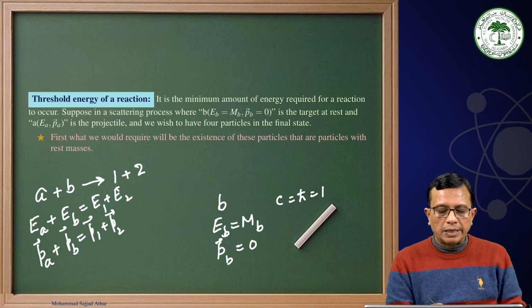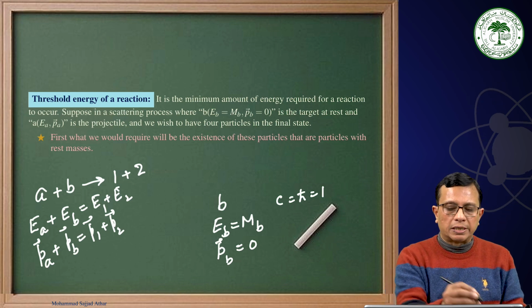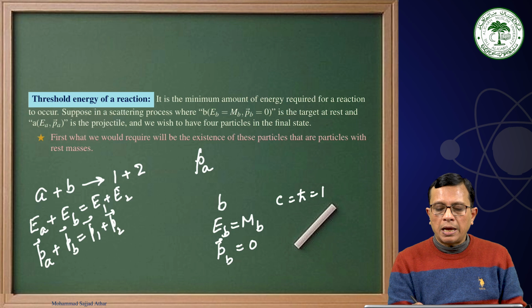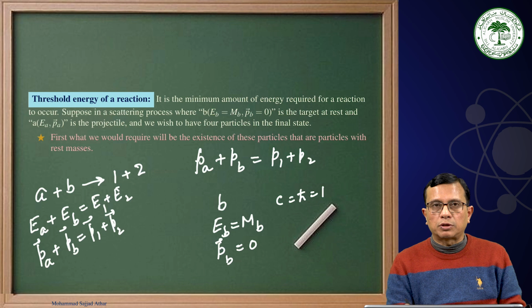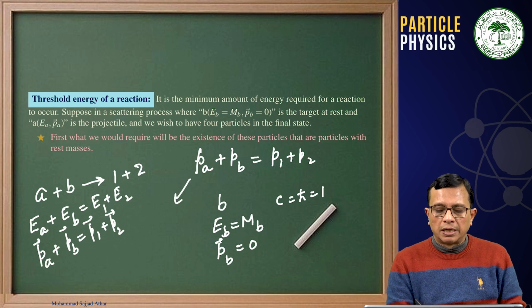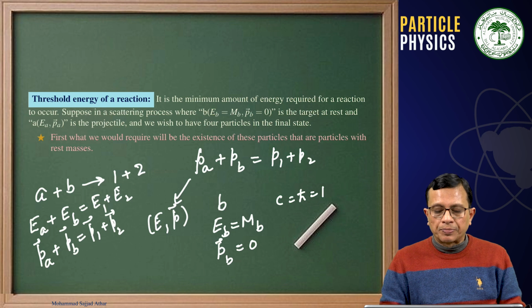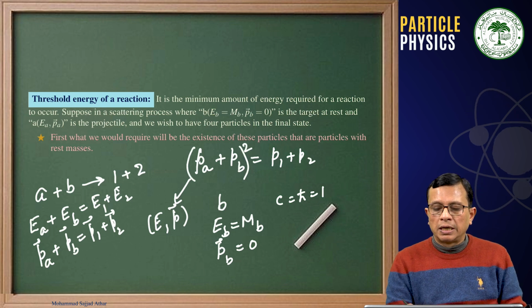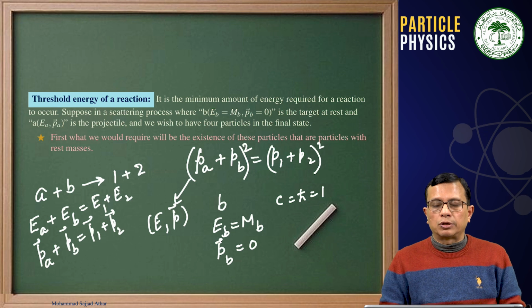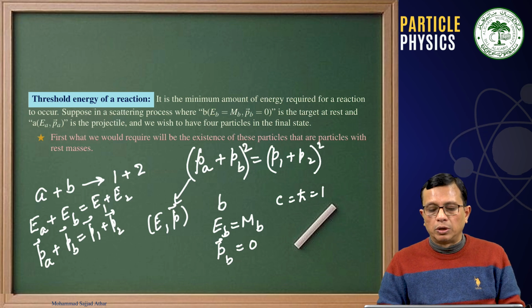Now, these together we can also write as PA plus PB must be equal to P1 plus P2 in terms of 4-momenta, which have the energy component and the linear momentum component. Therefore, if I square this, then I will have a square of that also, P1 plus P2 whole square.